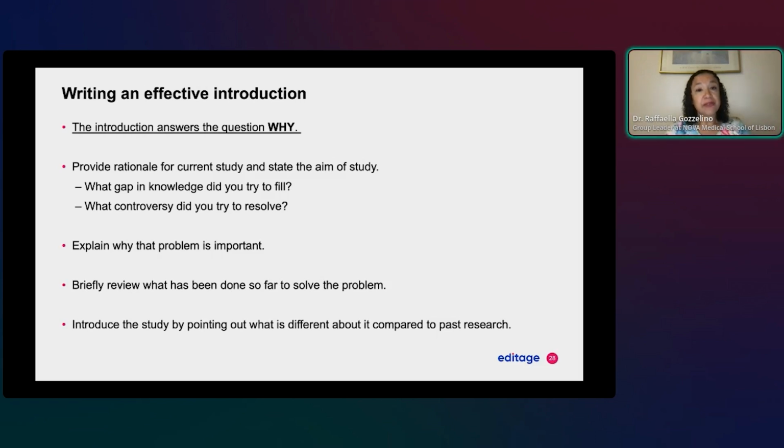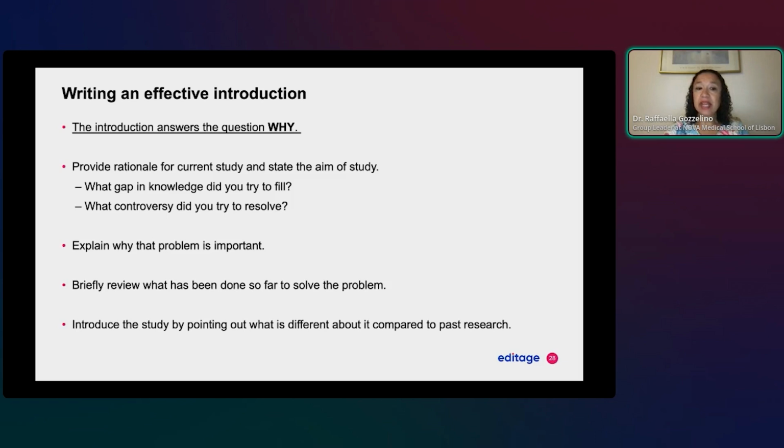To write an effective introduction, you need to write something that answers the question why. Why did you start doing that research? So you provide the rationale for the current study and state the aim of the study. What gap in knowledge did you try to fill by starting that research? What is the controversy that you try to resolve by investigating that topic?